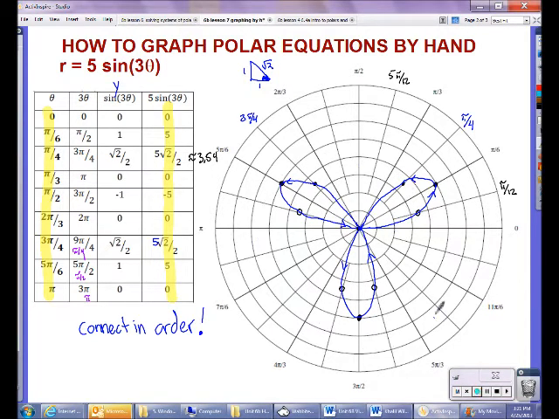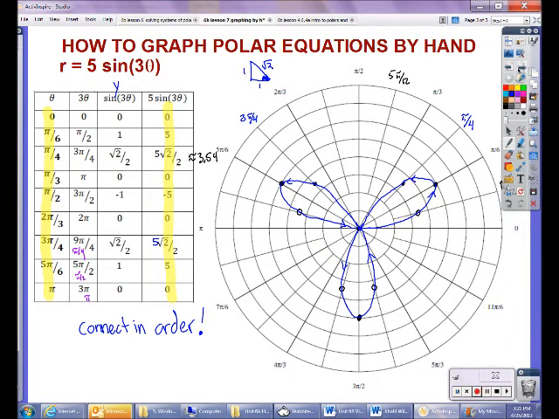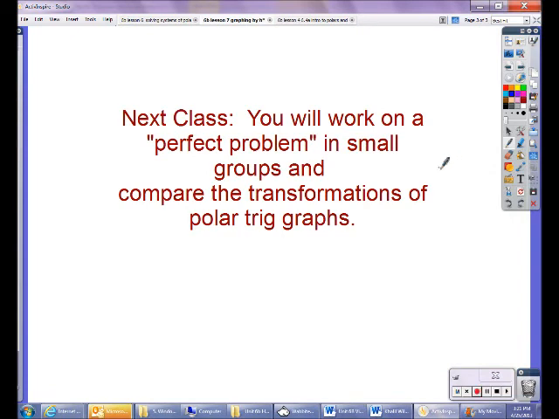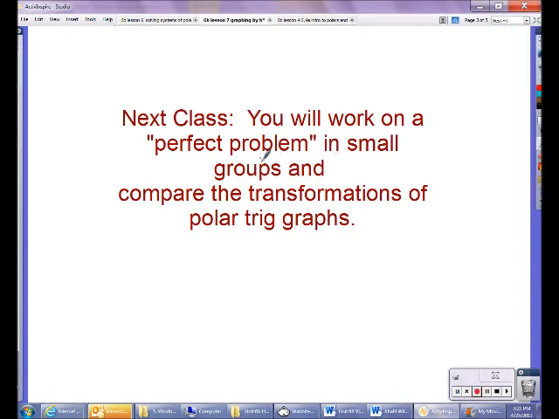So now that I have this, and I know we have to connect in order, I just want to let you know what we're planning to do with all of this. In our next class, you are going to be working on a perfect problem very similar to what I just showed you, only going from 0 to 2 pi, not just to pi.